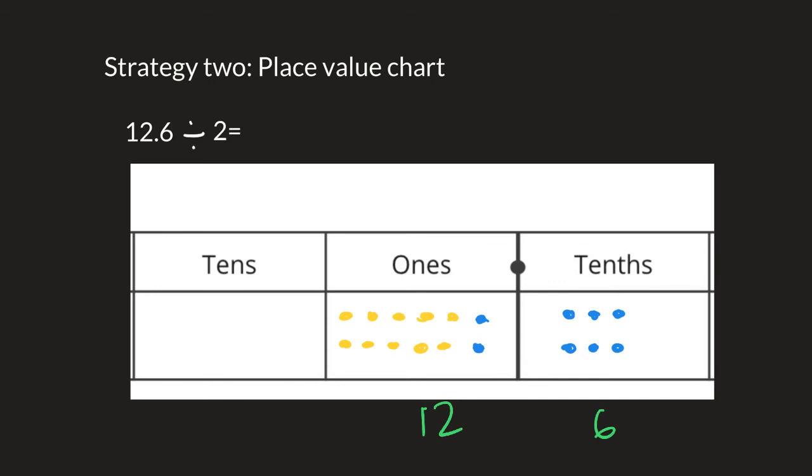If we divide them into half because they're equally divided, we can see that there are 6 ones in this group and 6 ones in this group. And over here, we've got 3/10 in this group, 3/10 in this group. Therefore, our answer will be 6.3. Is that what you got too?